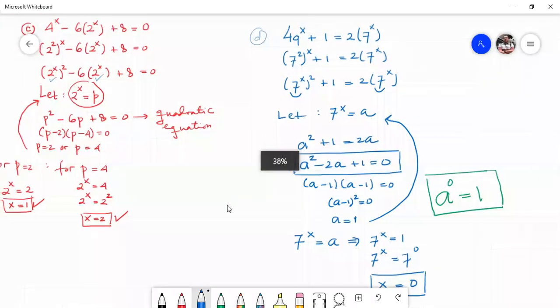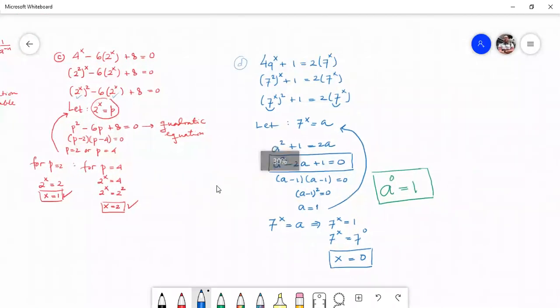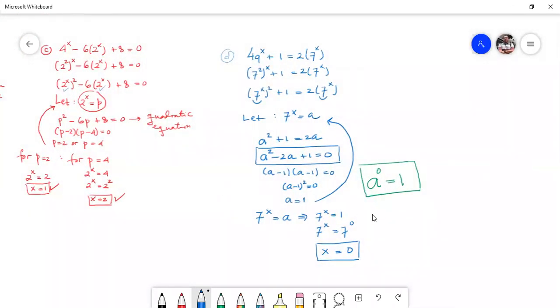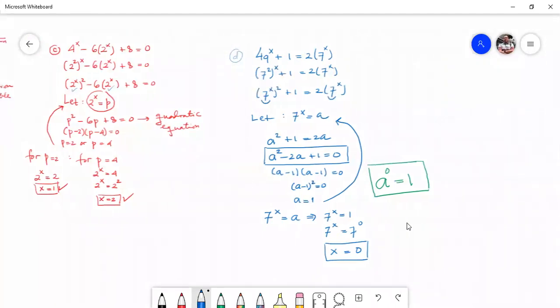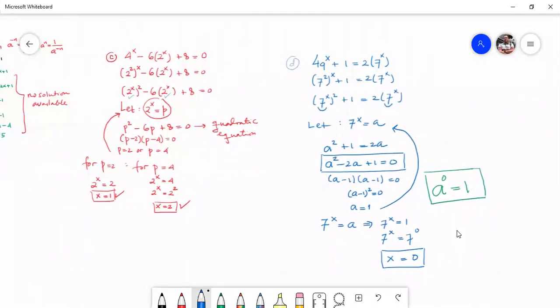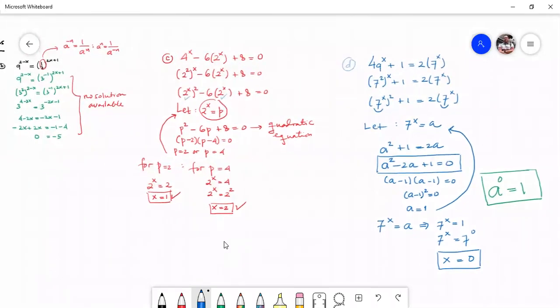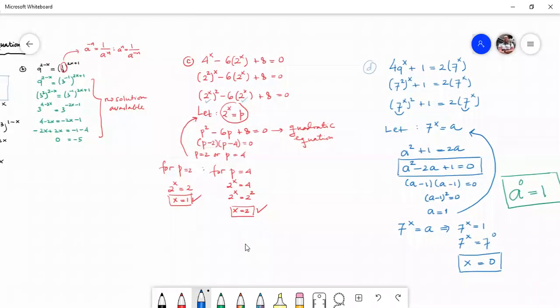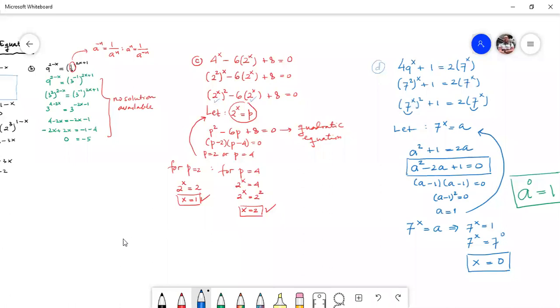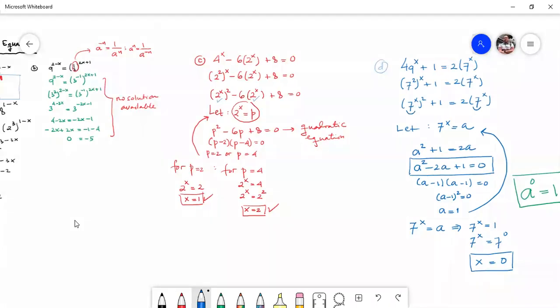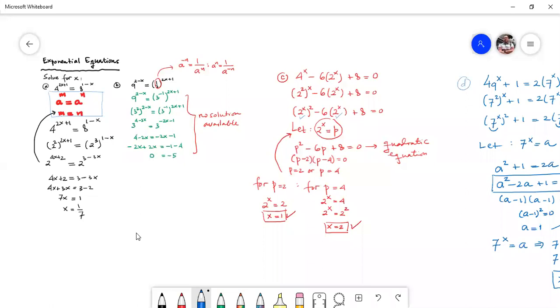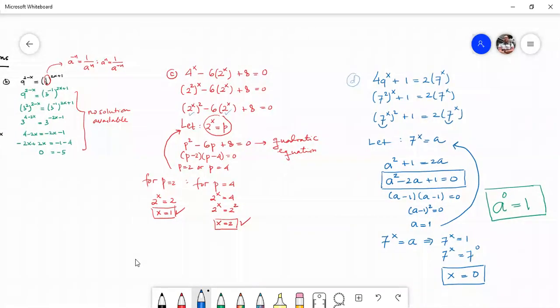For these 4 problems we have dealt with, hopefully what we discussed today will be beneficial for you, to help you have a better understanding and deal with exponential equations.